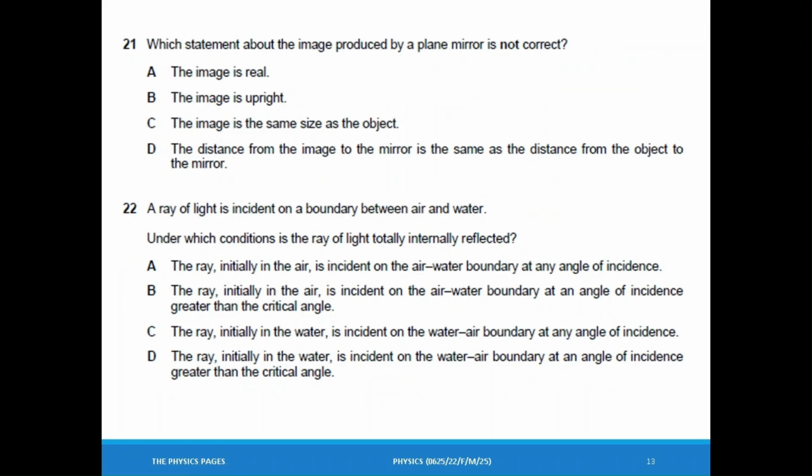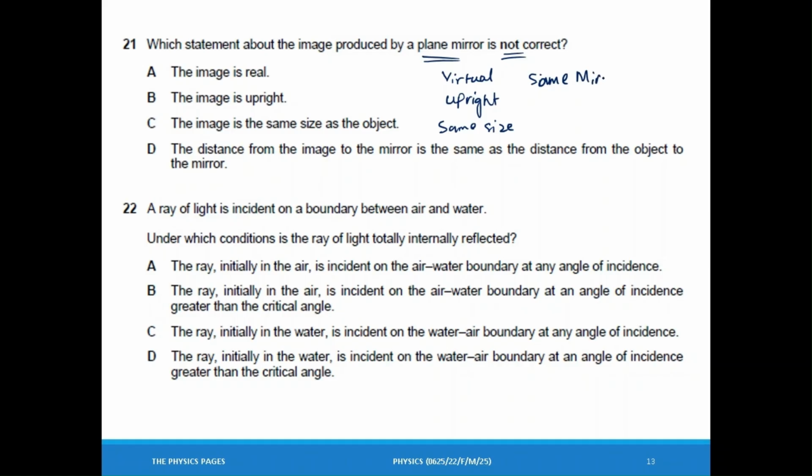Question number 21. Which statement about the image produced by the plane mirror? First of all, the question is about not. What we know is the plane mirror gives us a virtual image, upright image, also same sized image, and also having the same distance from the mirror.